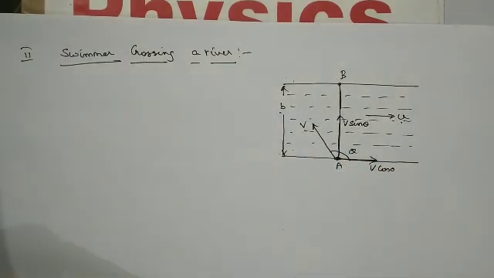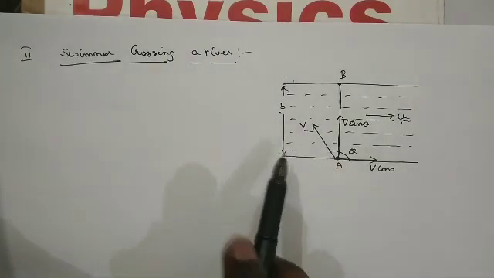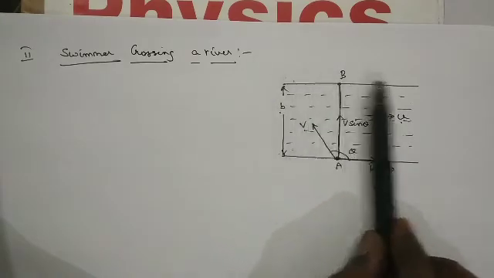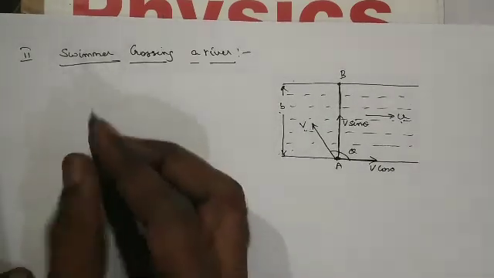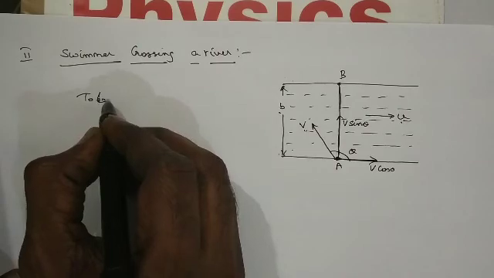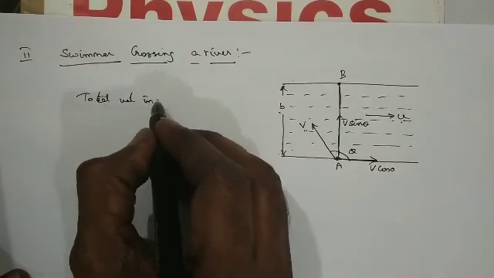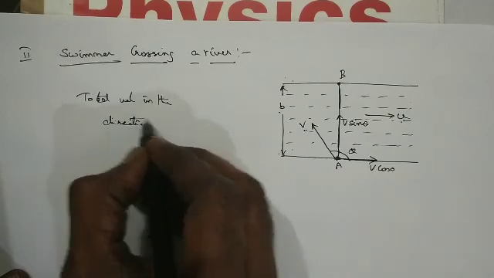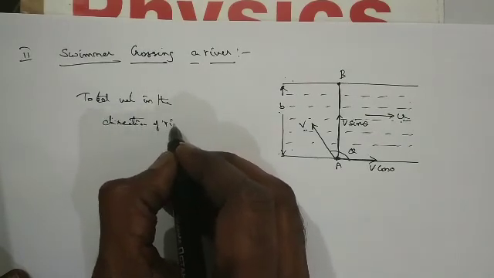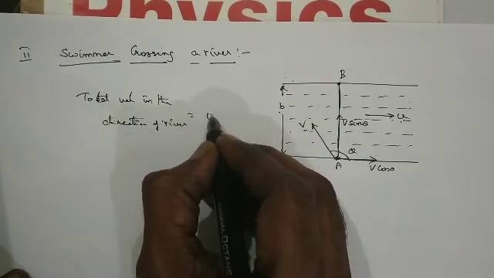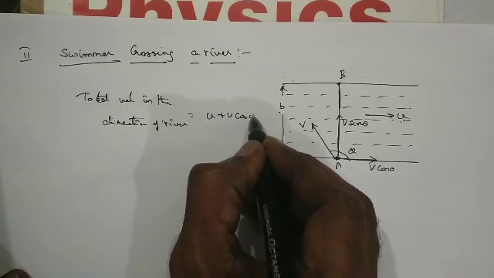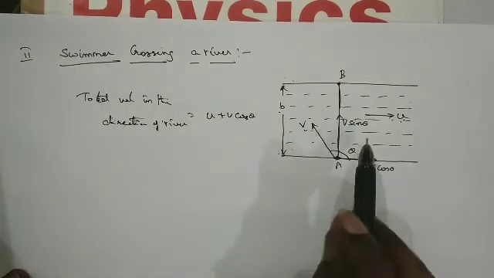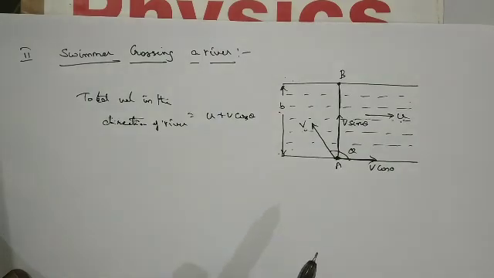These two components will always be there. So the total velocity in the direction of the river is equal to u plus v cos theta. Both velocities are going together.